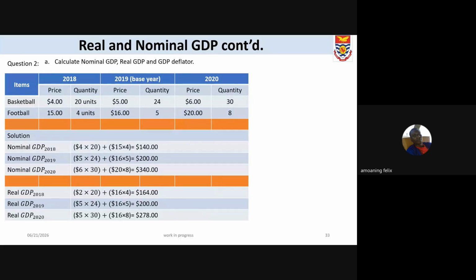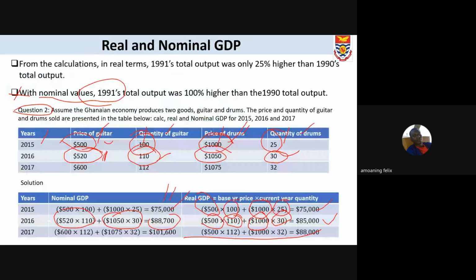So the next question they may ask is to calculate the price index or the GDP deflator. The price index or the GDP deflator is your nominal GDP divided by your real GDP times 100. So let's look at something here.